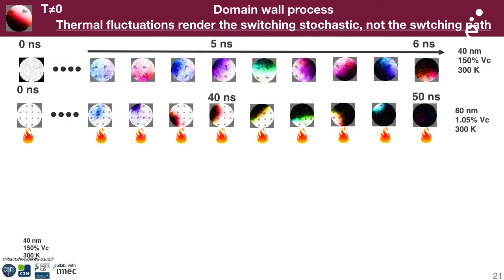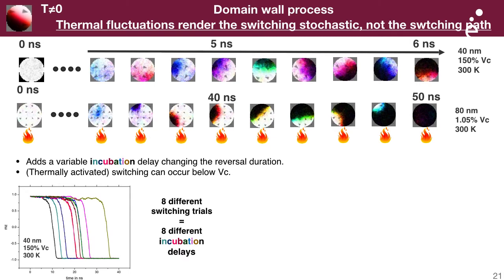If you go to larger disks, so larger STT-MRAM, so 40 nanometer and 80 nanometer, and once again you do the calculation at room temperature, so you heat the tunnel junction, you see in these snapshots taken during the magnetization reversal that it's still a domain wall process.